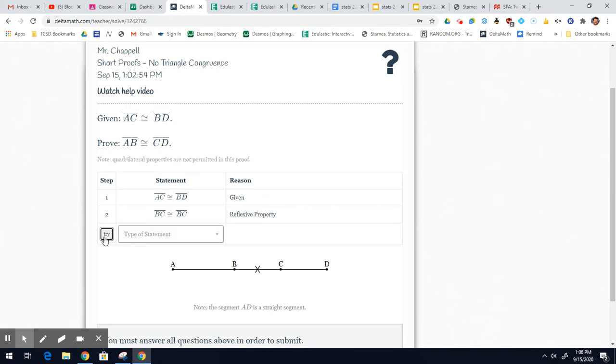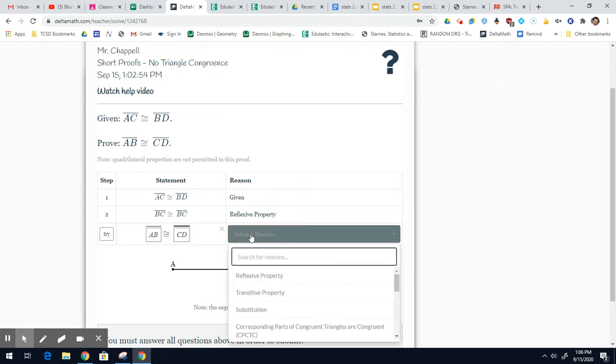So now, with AC and BC, if I take AC and I take away BC, I'm left with AB. Same thing over here. If I take BD and take away BC, I'm left with CD. That is what I want to prove. So I want to prove that segment AB is congruent to segment CD. And the reason here is a version of the segment addition postulate.